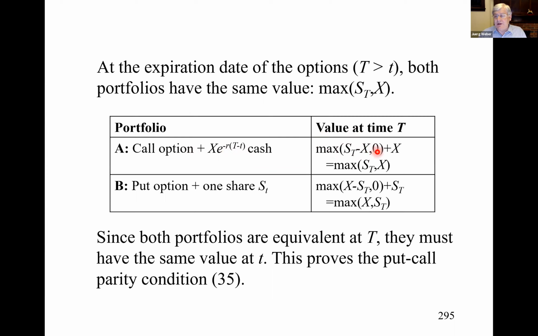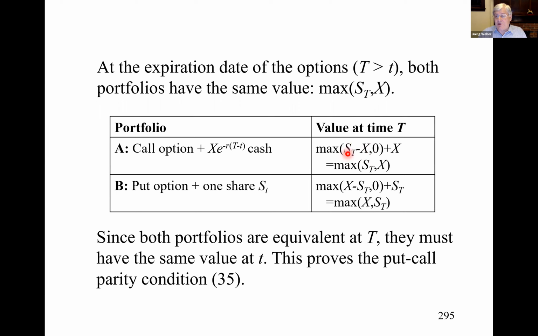So at time big T, when the call option is in the money, there is a positive payoff. So if at time big T the share price is 120 and the strike price is 100, the holder of the call option has a right to buy at 100. In the market, we have a price of 120. So there is a positive payoff for the holder of the option of 20.